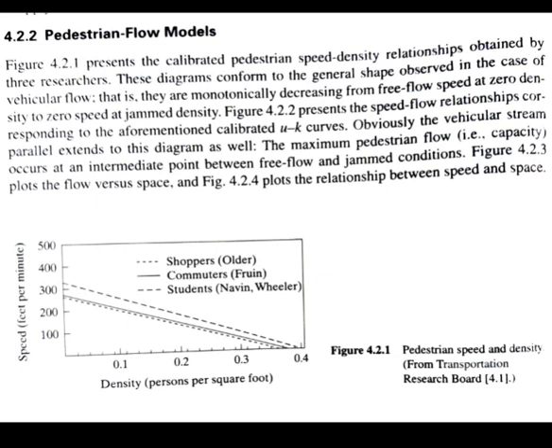Before studying that, we need to know that the transportation facilities and systems work under uninterrupted or interrupted flow conditions. A freeway section without on and off ramps and a transit guideway between two stations are an example of uninterrupted flow.